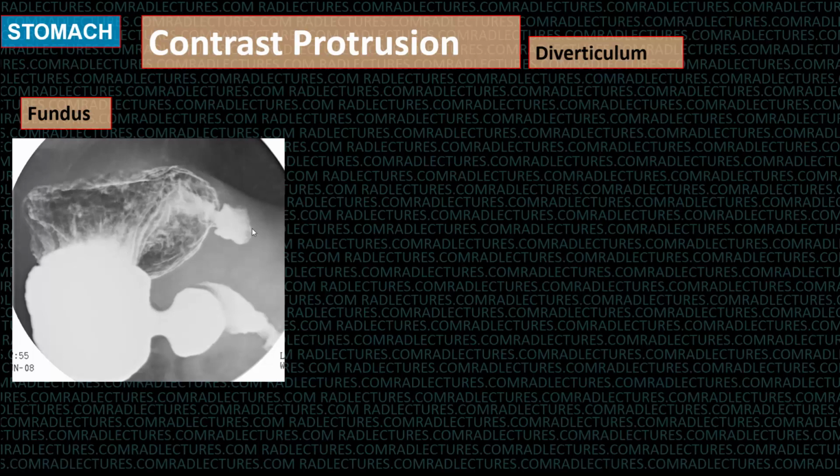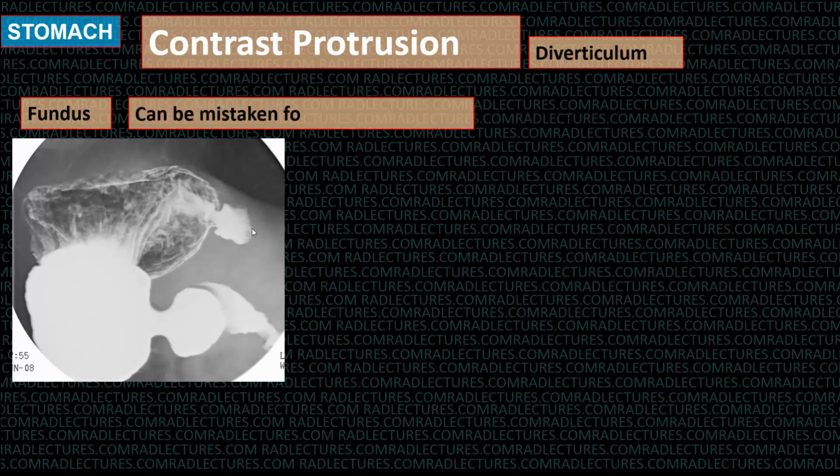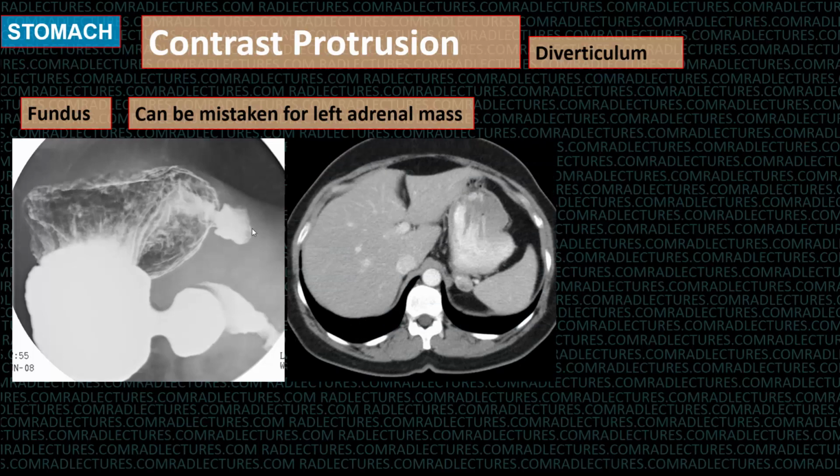And here the other anatomical thing comes up. They can be mistaken for a left adrenal mass. For example, this. It would be difficult to say whether this is a diverticulum, or if you were not careful in thinking, you could think this is a left adrenal mass, but this is actually a diverticulum arising from the stomach.